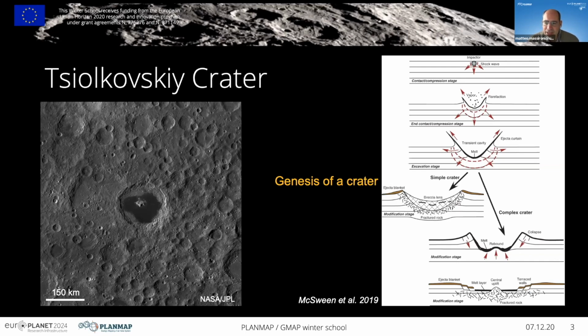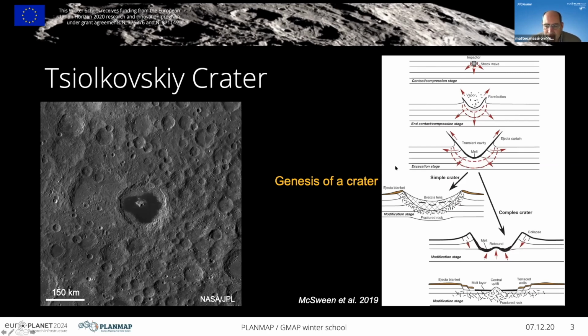Afterwards, you have a displacement of the target outward and downward that forms the transient cavity of the crater itself. In that moment, you have even the ejecta curtain that forms. You see it in the third picture of the scheme.